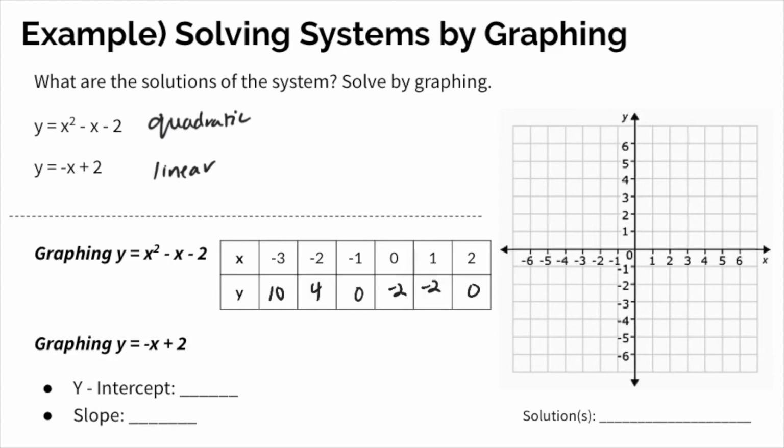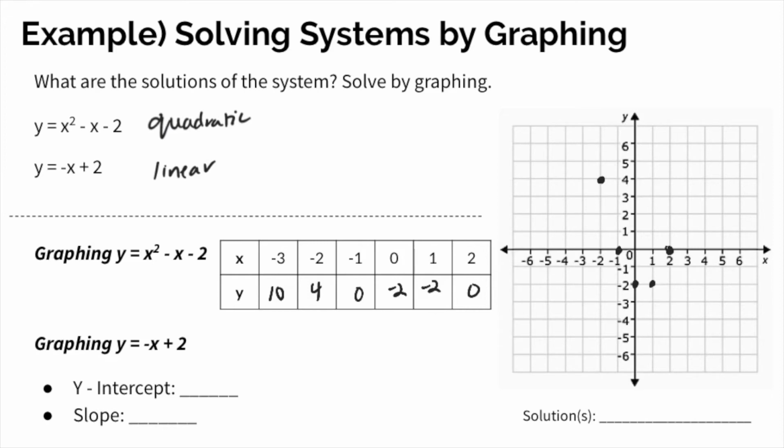And what I'm actually going to do is just graph these points. So I'm going to start at -3, comma 10. Oh, I don't go all the way up there, so I'm just going to go to the next one. -2, comma 4. So I'm going to place a point there. -1, comma 0. 0, -2, 1, -2, and then 2, comma 0.